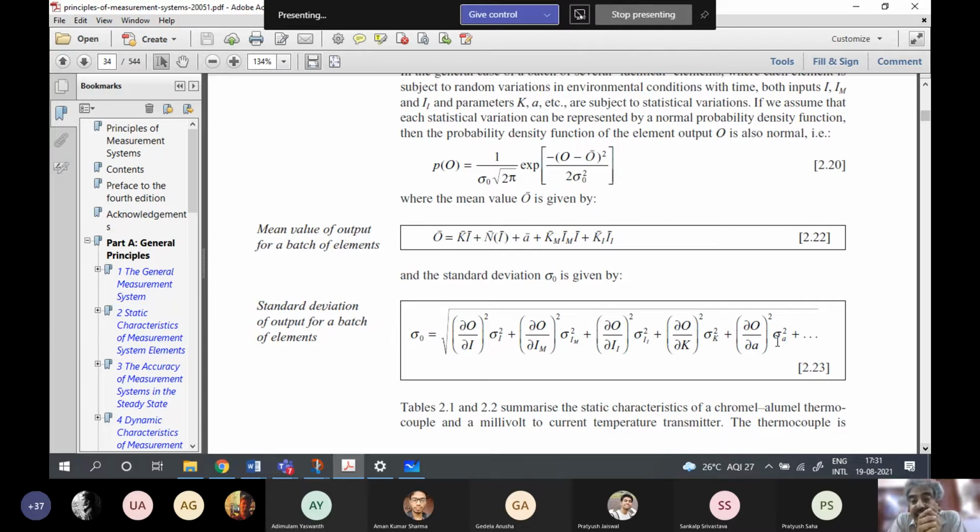So this is probably not very difficult to understand, the difference between this repeatability and the tolerance case. In one case you think that you have calibrated for a given sensor. Suppose you are using an ammeter which is given to you and you are simply measuring, but you may have an ammeter where there is a zero adjust mechanism.